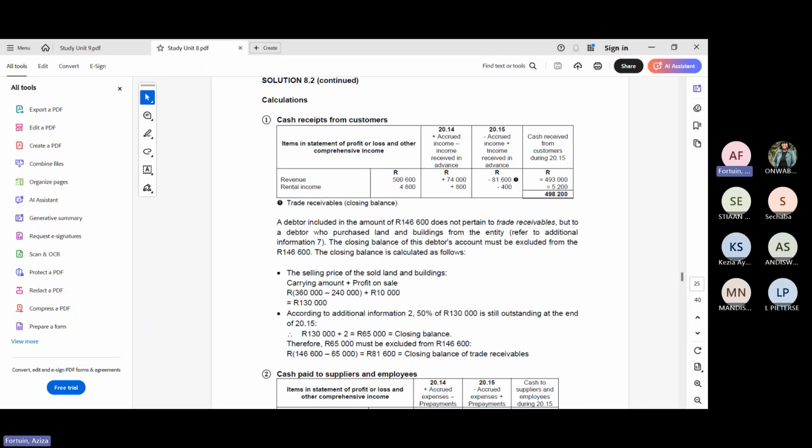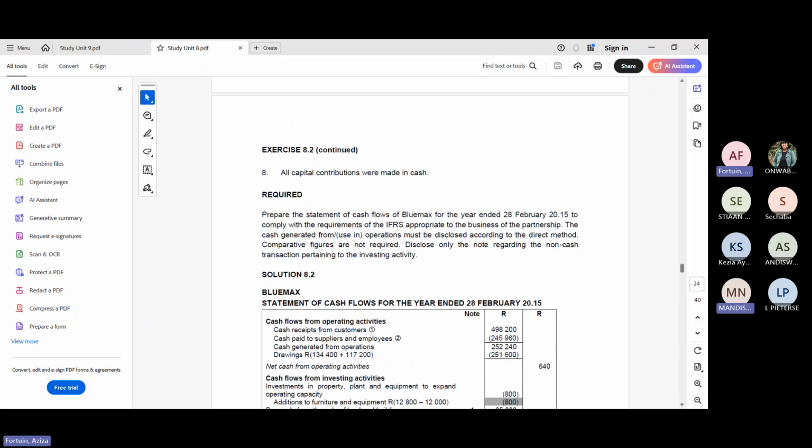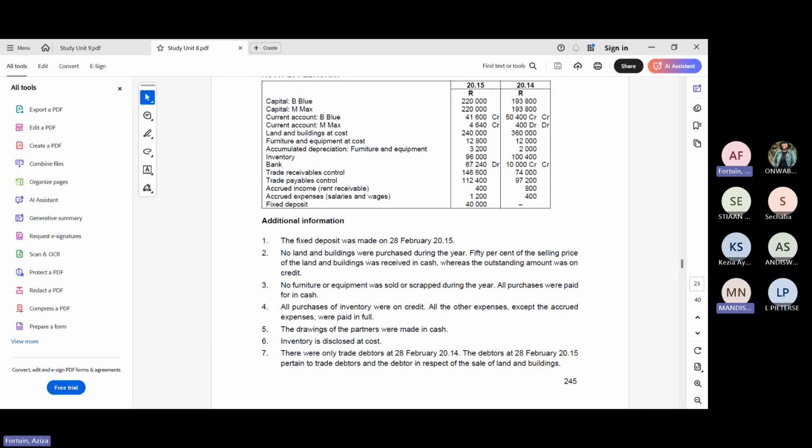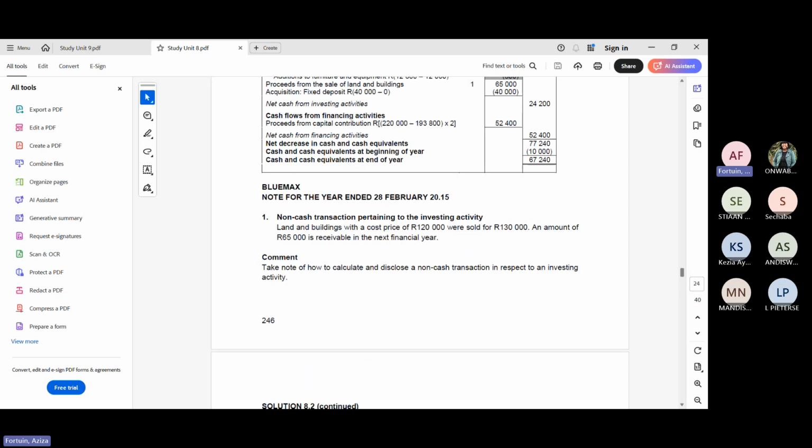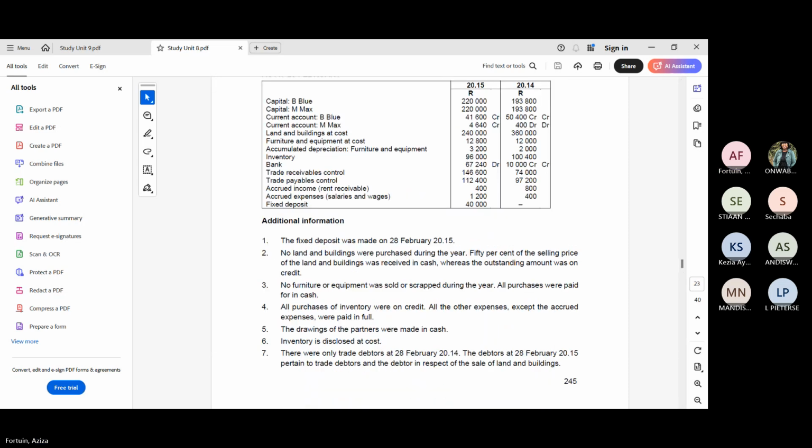Let's go to the additional information here. Can you see, here's the 74,000, right? And the 146,000. Under normal conditions, we would have put 146,000 here as an opening and closing balance.